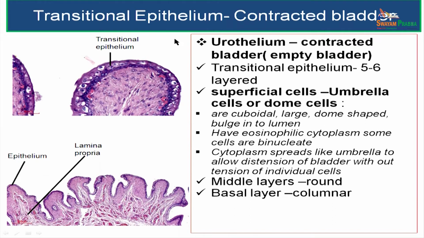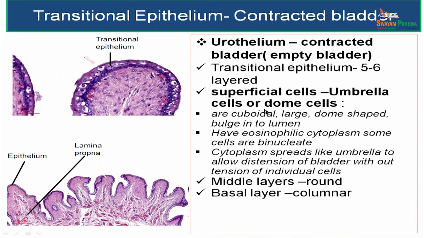We will look at some of the features of the transitional epithelium in an empty or contracted bladder. As I have already told you, transitional epithelium is 5 to 6 layers thick. The superficial cells are called umbrella cells or dome shaped cells.